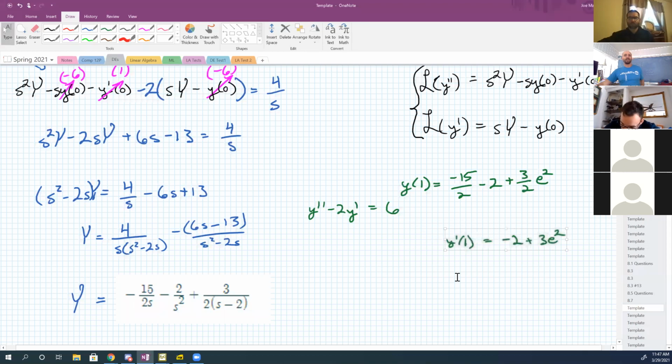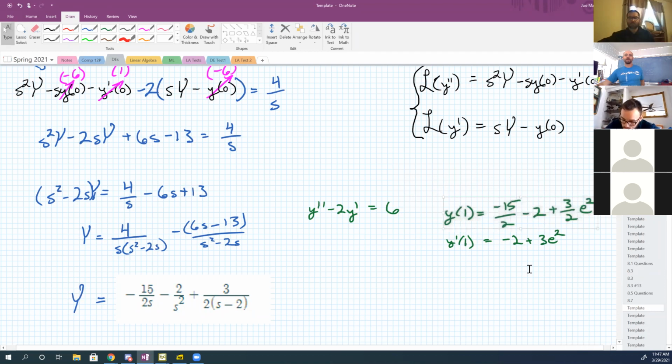You guys see why? If I was planning on Laplace transforming to solve this, I would need to know about y at 0, and so I need to adjust this thing a little bit. That's going to be a giant pain. I'm going to just avoid it right now because I see that I can solve that thing using an easier technique. What's the easier technique to solve this thing?